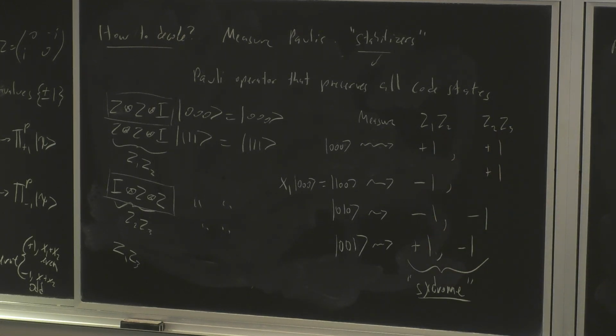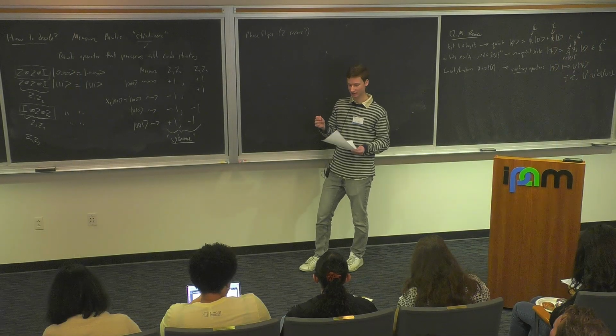So that's this kind of duality between X and Z that we saw before. And similarly, it's maybe not surprising that if we want to correct phase flips or Z errors, we actually want to measure X stabilizers.